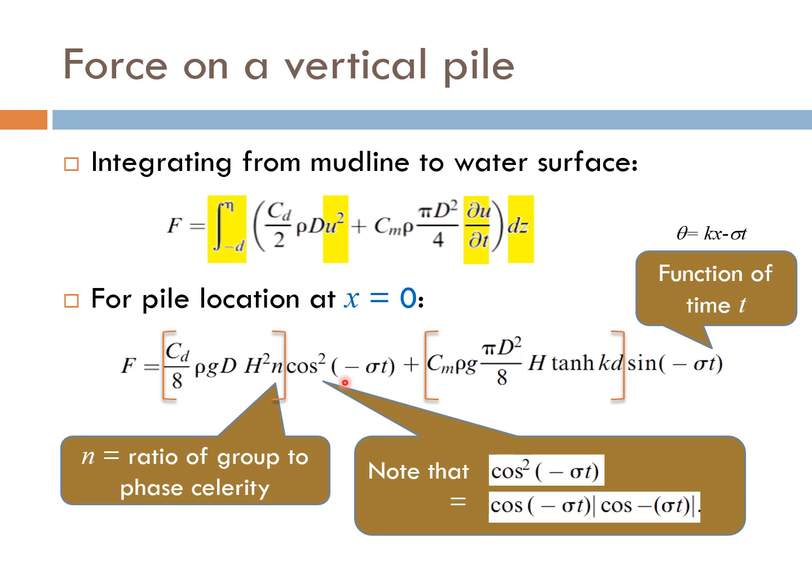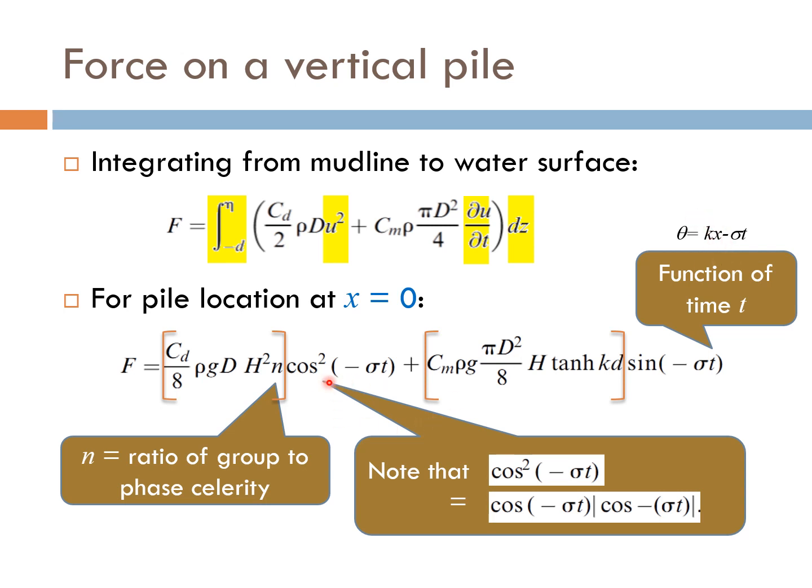Now the phase angle theta is equal to kx minus sigma t, where k is the wave number and sigma is the frequency number. Assuming that the pile location is at x equals 0, basically the pile is at a fixed position, so we drop the term kx.